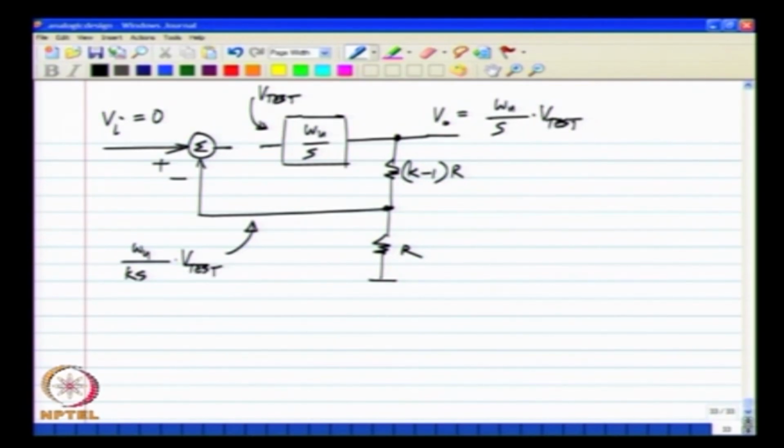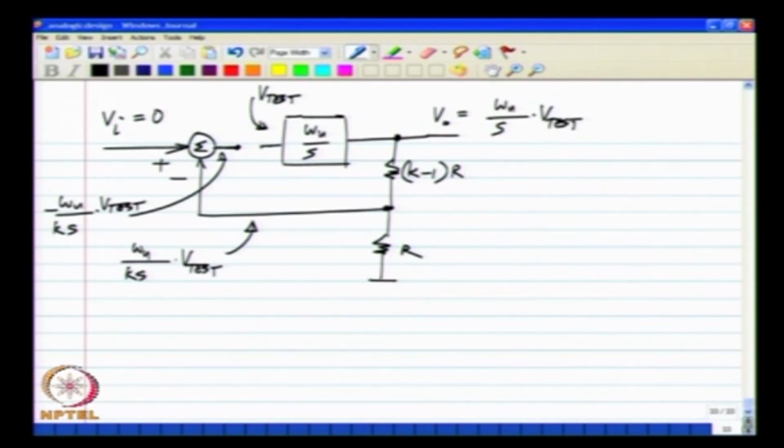And at this point I get the same thing, but with a negative sign: minus omega u by k s times V test.